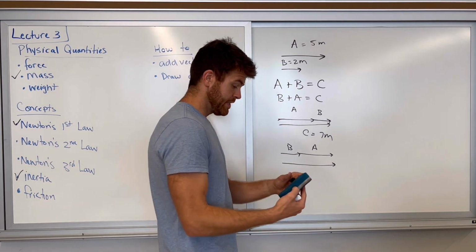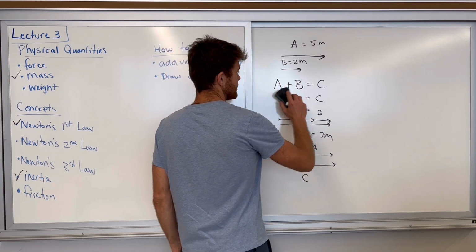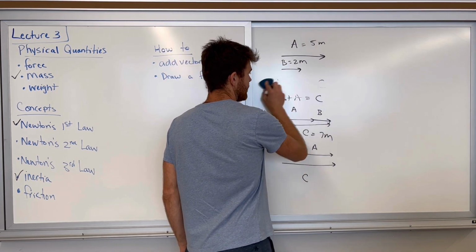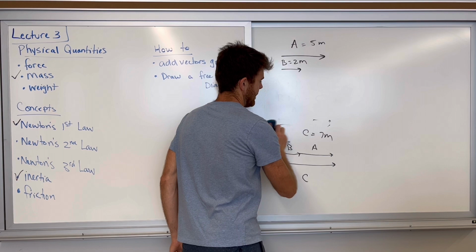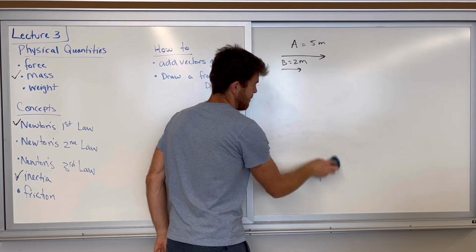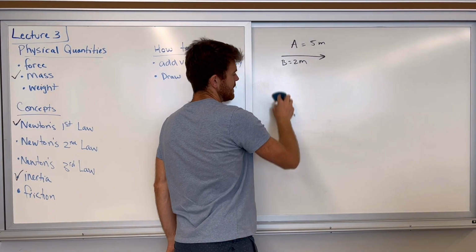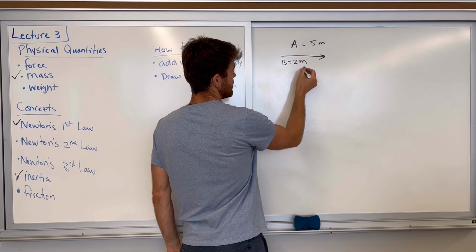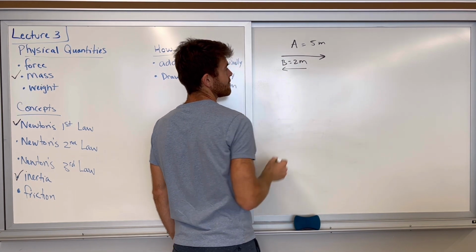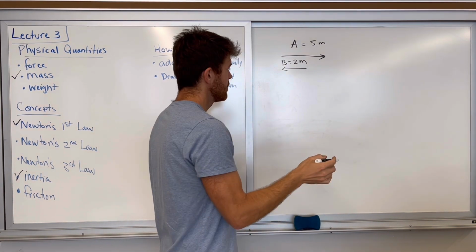Let's do a different example and see how vectors differ from adding just normal numbers. Let's say that vector B is 2 meters long, but now it points in that direction. All right.